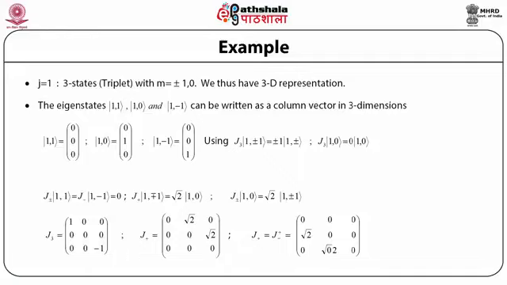Namely, for example, J3 is a diagonal matrix with the diagonal elements 1, 0, −1. And J plus is a 3 by 3 matrix, where the first column is 0, the second column has root 2 in the first row, and in the third column it is 0, and so on. So this is a 3-dimensional representation.